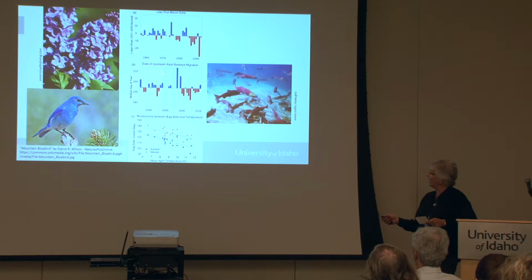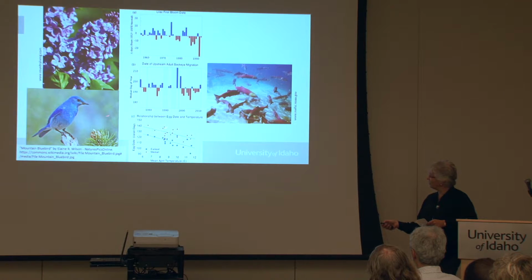This is data on salmon. This is actually Redfish Lake, but the data are from Lower Granite Dam, and it's a count of how many salmon arrived. It's pretty highly variable, and so no significant trend there, but bluebirds are sure noticing. They are nesting earlier. This is mountain bluebirds, again citizen scientists recording through time.